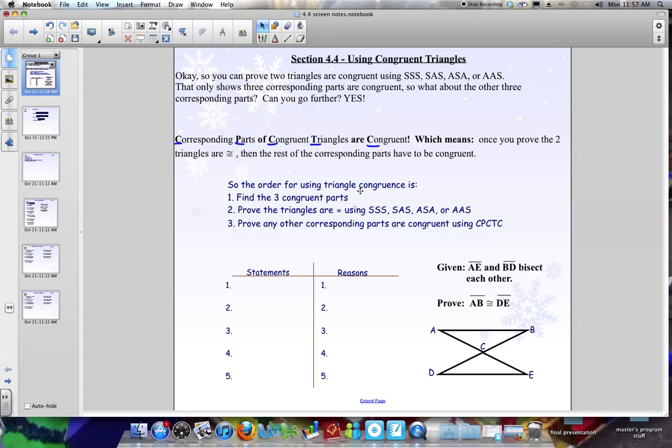So in order to use CPCTC, the order that you have to use things is, first you have to find your 3 congruent parts of your triangles, the parts you know, using things like given statements, reflexive sides, vertical angles, parallel lines, and bisectors.